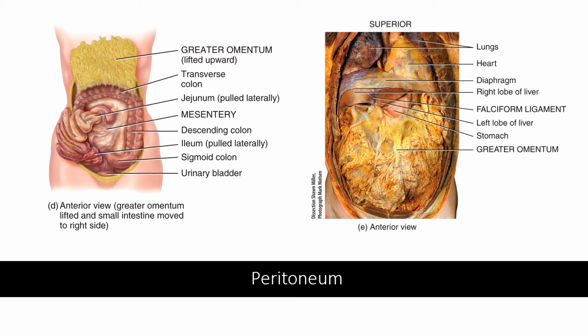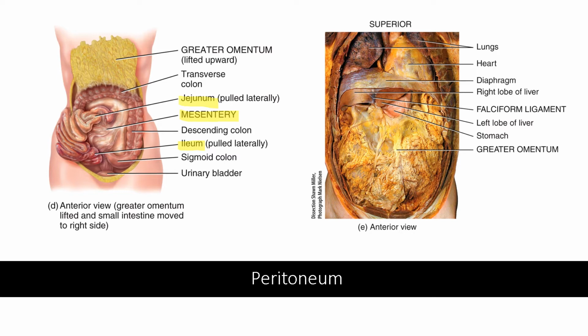Then we have this fan-shaped fold of the peritoneum, which is called the mesentery. Now this is going to bind the jejunum of the small intestine and also the ileum of the small intestine, and it binds these two parts of the small intestine to the posterior abdominal wall.